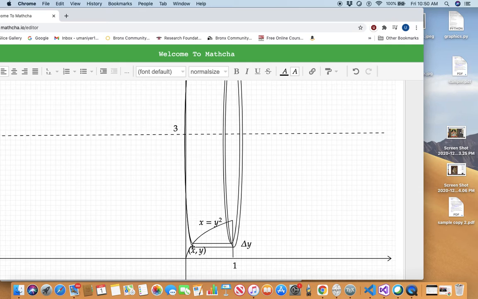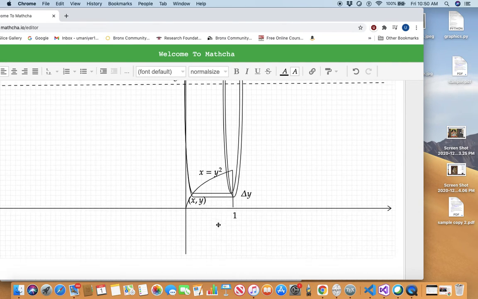Whereas the height is this distance, height of the cylinder. What's that distance? Well, that distance is 1 minus the x coordinate. But x itself is y power 2 on this curve. So 1 minus x, that is 1 minus y squared, is the height.